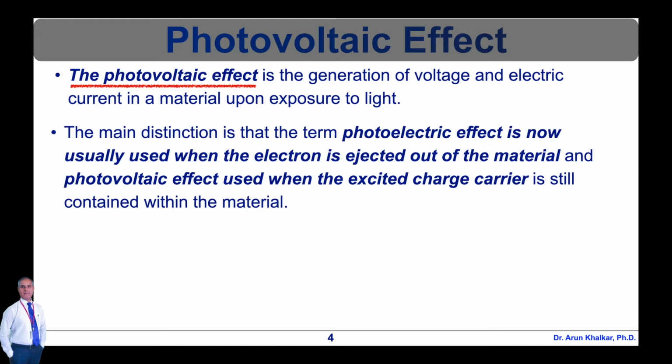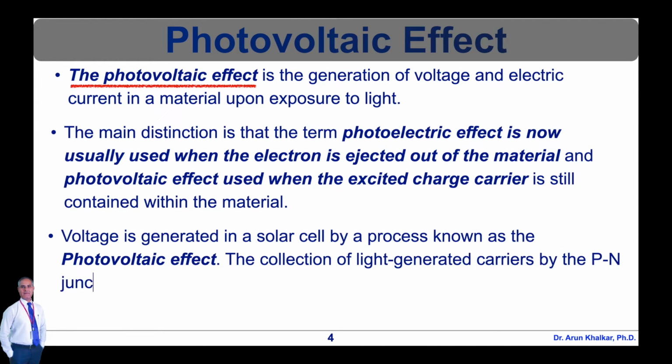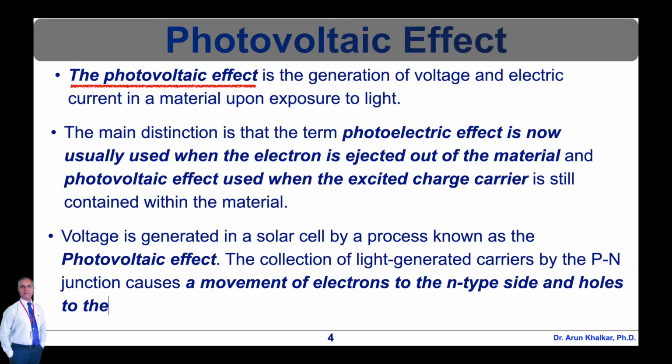Now let's see the photovoltaic effect in a solar cell. The collection of light generated carriers does not by itself give rise to power generation. In order to generate power, a voltage must be generated as well as a current. Voltage is generated in a solar cell by a process known as the photovoltaic effect.